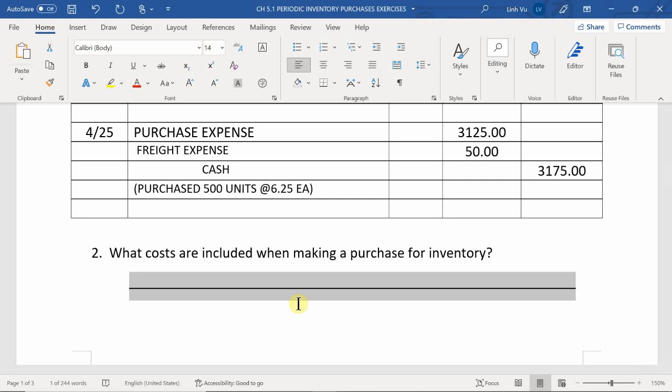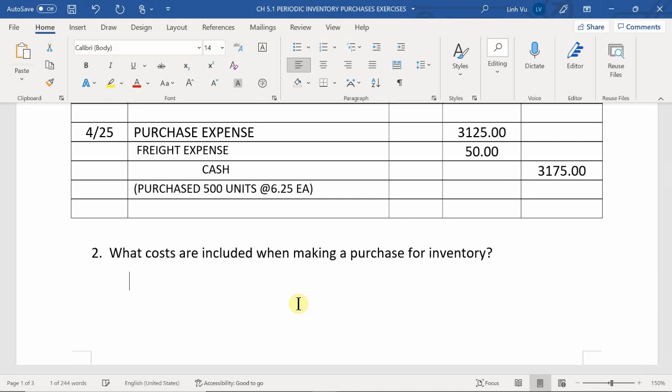In this case, the question is asking what costs are going to be included when you purchase your inventory.